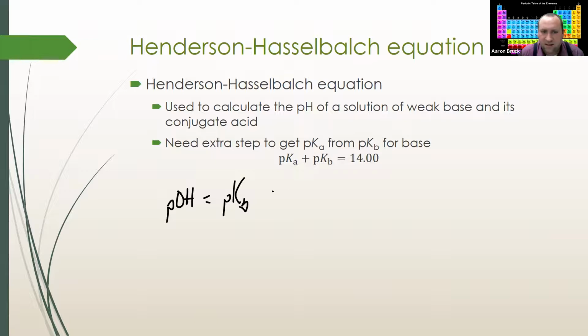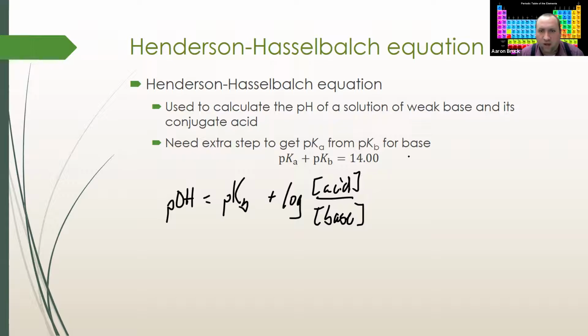And it's basically the same equation, only flipped on its head. So pOH is equal to the pKb for the weak base, plus the log of the acid concentration over the base concentration. So when you deal with buffer solutions where the weak component is basic, this is one way to use that and not have to do a whole lot of maneuvering.